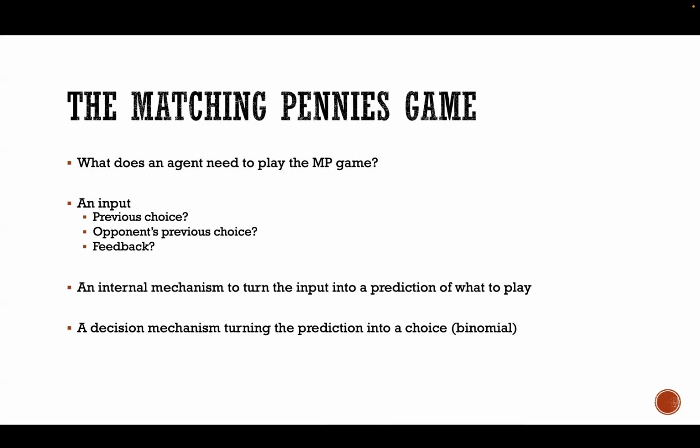Yes? Just to understand, is that last step what you were talking about before with error and decision function? For instance, yes. So the idea is that this one is just going to make a prediction about what you're going to play. And this one is turning that prediction into an action, if you want. Which, for instance, if I'm the matcher, it might be the opposite.